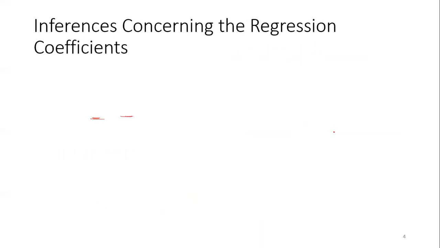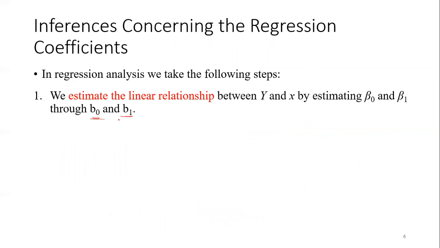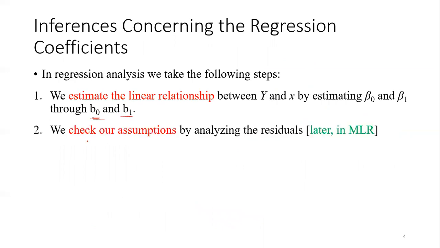So first we just find b0 and b1, and then we check our assumptions. What are the assumptions? Remember, first, there is a linear relationship between y and x. Second, epsilon is a normal random variable with mean 0 and variance sigma squared, and so on and so forth. How do we check our assumptions? By analyzing the residuals. We will do it later in the next chapter in the multiple linear regression case.